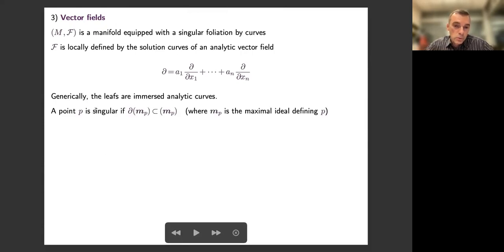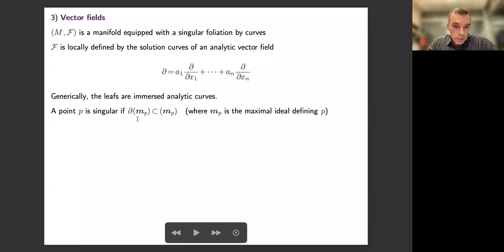You can think of this expression as a derivation in the local rings at each point of our manifold. So this is an operator which acts on the maximal ideal of each point, and a point is singular for this foliation if this derivation maps the maximal ideal into itself, which is completely equivalent to saying that A1, etc., An are functions which vanish on P.